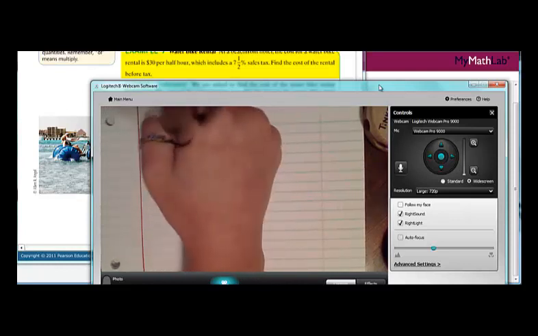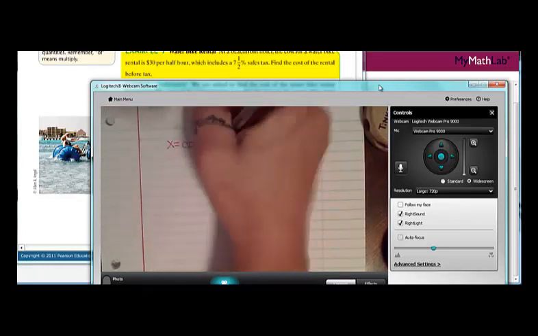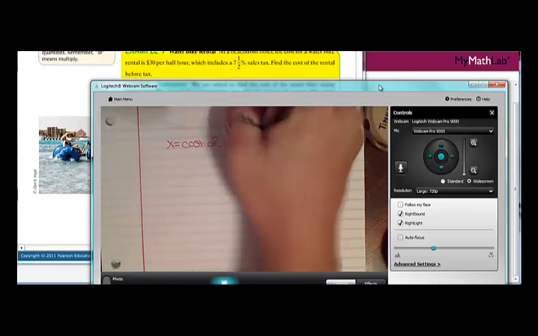This already includes the tax, which I don't know where you go that actually includes the tax, but this place does. So we need to know what is the cost of the rental before the tax. So that is going to be our x. So x equals cost of rental before the tax, because that's our unknown. We don't know what that is yet.